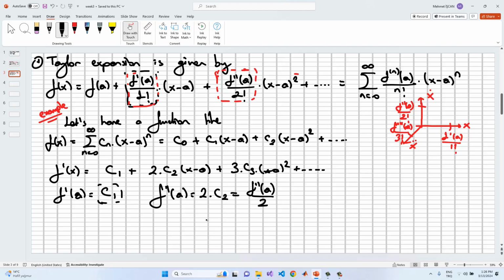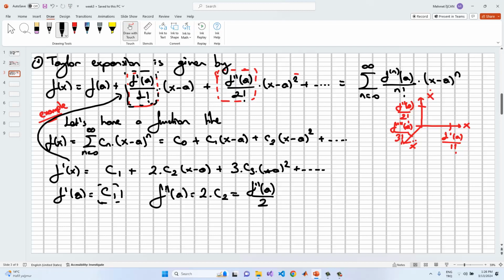Because if we have these coefficients, we can generate this function, right? And so if we take the first derivative, f'(x) is equal to f'(a). If I put the a value in here, this goes to 0, this goes to 0, and so we have the c1 value in here. And so this term is equal to c1, right? This is simple.